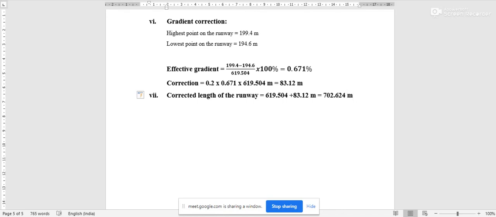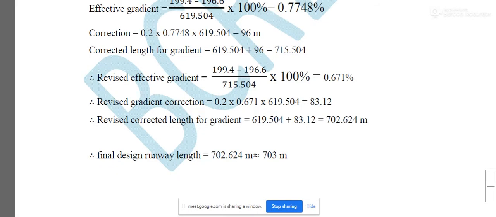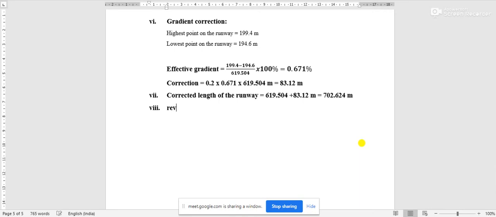But one thing you have to remember, as this length of runway is changed from 619.504 to 702.624 meter, the effective gradient of that runway will also change. That's why you may check one more time about the revised effective gradient.